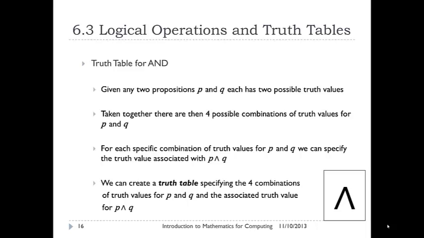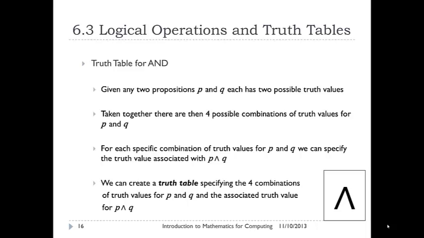If we're given any two propositions, P and Q, each of them has two possible truth values. P can either be true or false, and equally Q can either be true or false. So there's going to be a total of 4 possible permutations of truth values for P and Q.